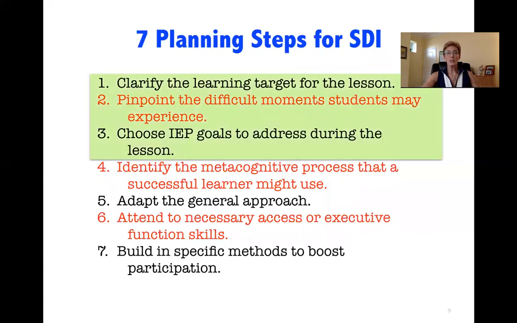So these first 3 steps to me are information gathering steps. And we'll look at these 3, go through each of them, and then I'll show you some video of this happening. So before we jump in, a little puzzle for you.